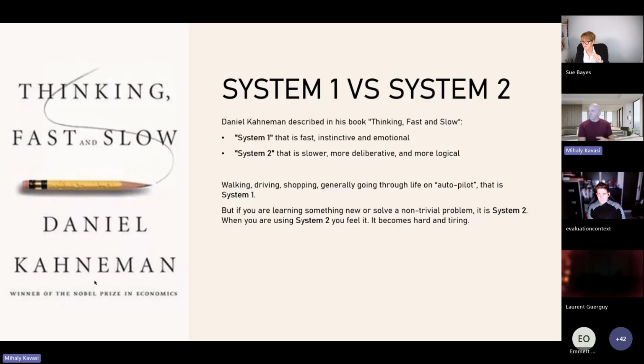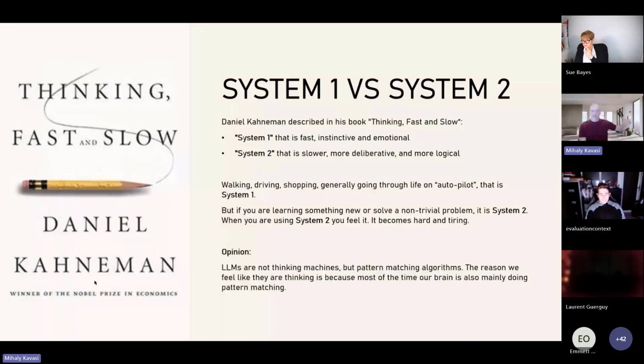When you use system two, when you try to learn something new or solve a complex problem, then you actually feel it. You feel your brain hurting, like it's consuming a lot more energy. And because we live in system one, and AI is doing something similar to our system one, it feels like AI is thinking, but it's not. It just recognizes a pattern and then finds a solution to that pattern.